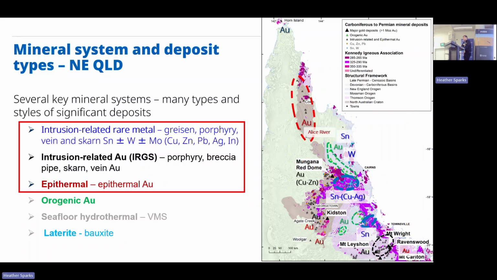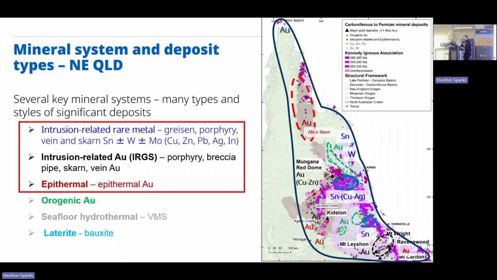And that's one point to start with, because gold deposits are particularly widespread and particularly diverse. They're covering this entire region, so this entire region can be described as a gold-rich province. We'll focus first on intrusion-related and epithermal gold deposits and exploration.